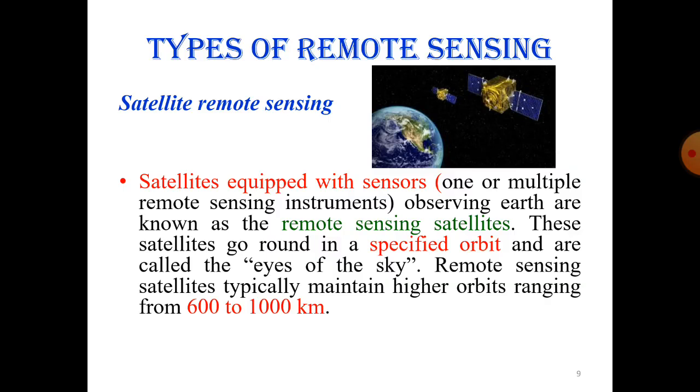Satellites are man-made vehicles which carry sensors like cameras to very high altitudes away from the earth to gather information about the earth. So, satellites are equipped with one or many sensors. These are hence called remote sensing satellites.